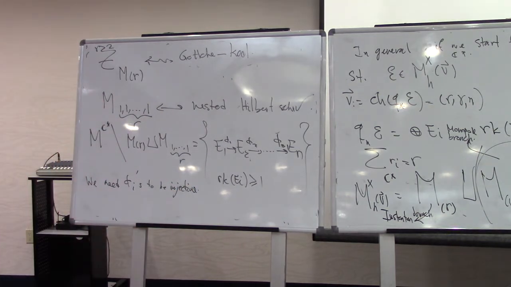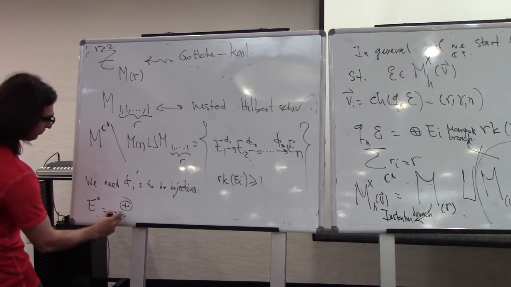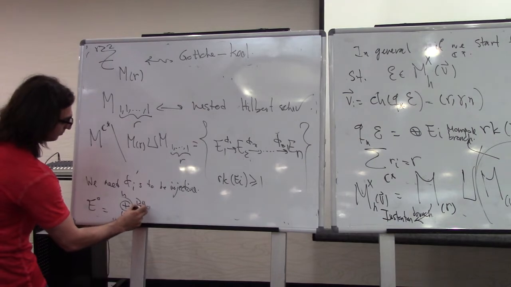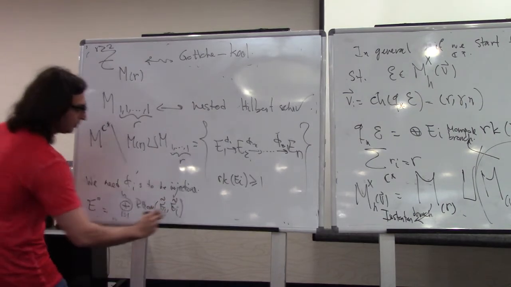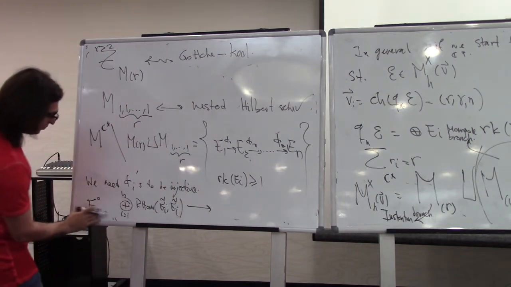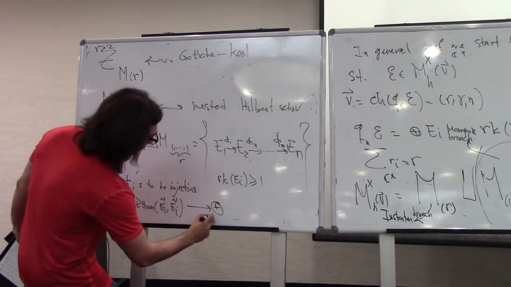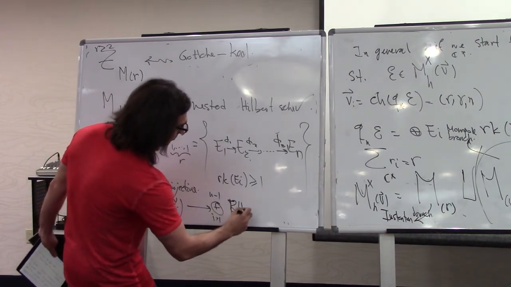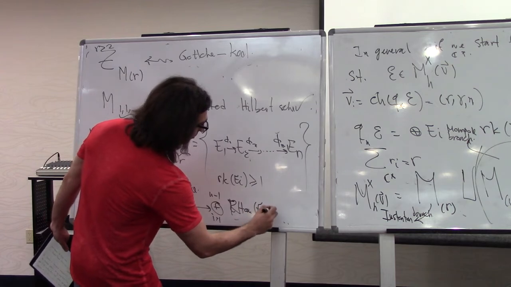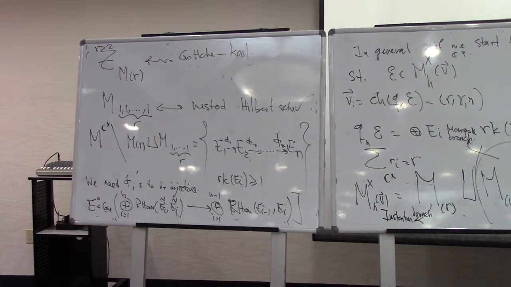The reason for that is that there is some complex, E dot. I will put it in here. It's the sum of Hom(E_i, E_i), the cone between this and the sum from 1 to n-1 of Hom(E_{i-1}, E_i). This complex, okay, so this is not so hard.